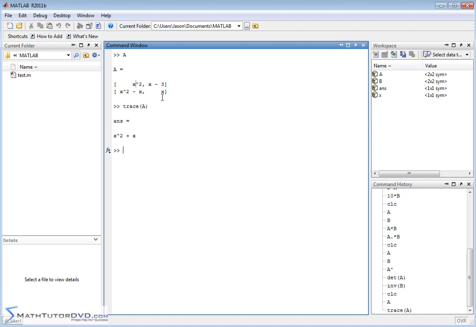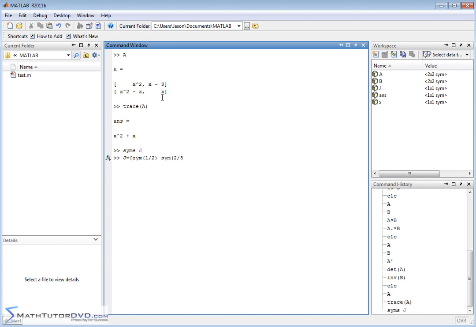So for instance, let me just do it like this. We'll do matrix J for Jason, right? We'll say matrix J equals sym of J. So we'll create a symbolic matrix there, and this guy, I'm going to call it symbol 1/2, symbol 2/5.